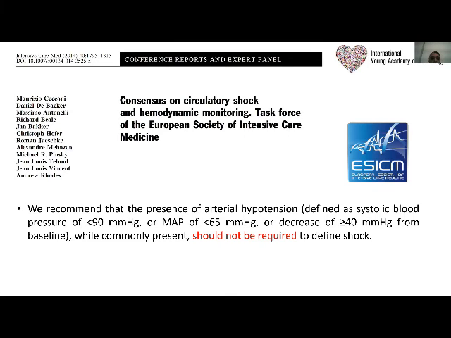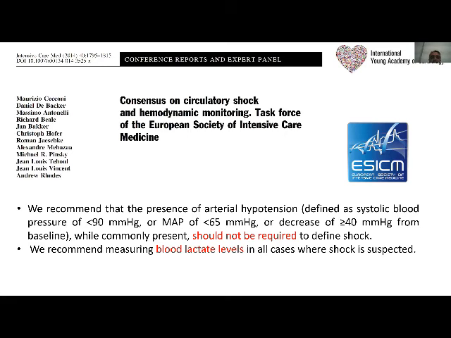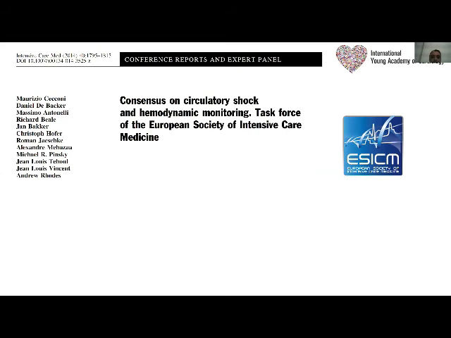It's also very important: don't rely on the blood pressure to diagnose shock. You can see a shock patient with a normal blood pressure or even high blood pressure. They recommend using blood lactate, and they put a figure of more than 2 to say that the lactate is high in shock patients.